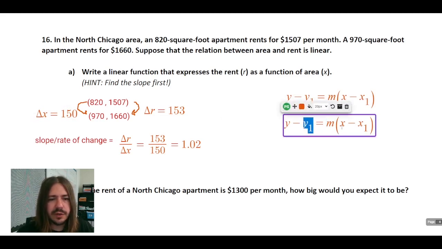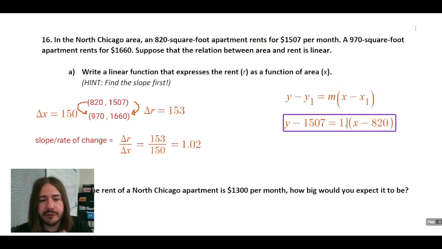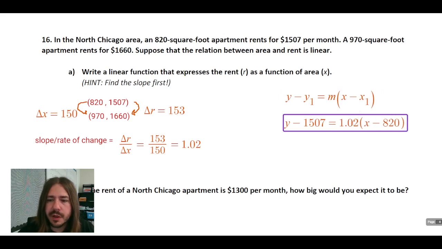So the y1 is going to be 1507. The x1 is going to be 820. The slope here is 1.02, and that's basically our function here. We want to write it in function form, though. So I'm going to rewrite this so that we get it into slope-intercept form. So I'm going to start by distributing that 1.02.